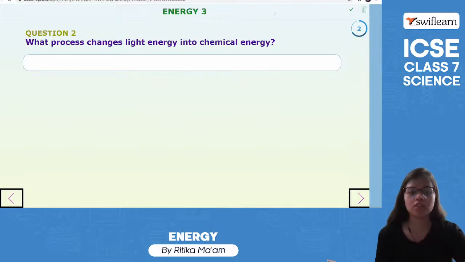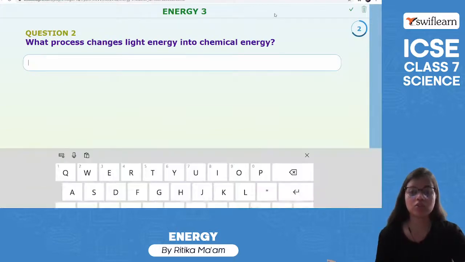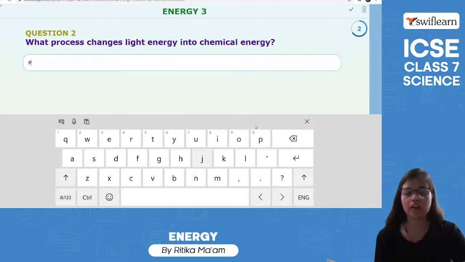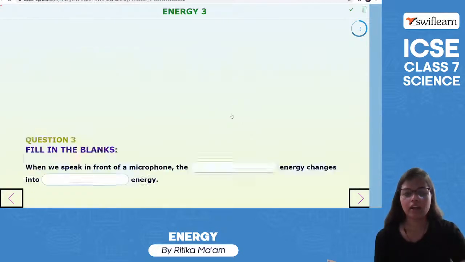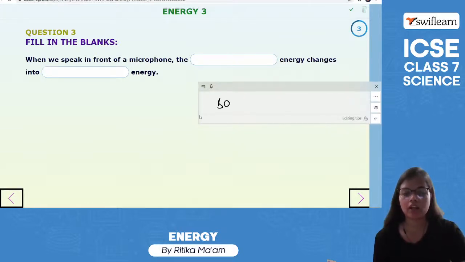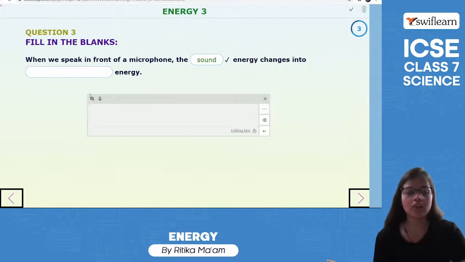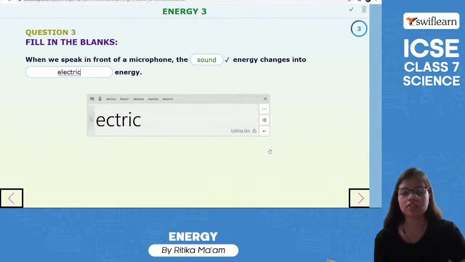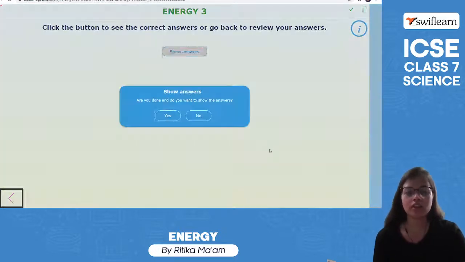The process which changes light energy into chemical energy is photosynthesis. When we speak in front of a microphone, the sound energy is changing into electric energy. So in microphones, we are changing sound energy to electric energy.